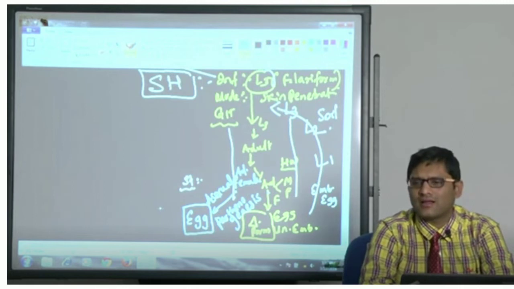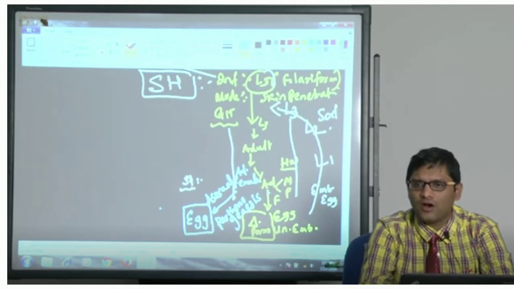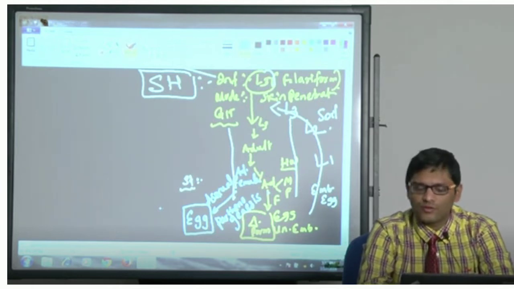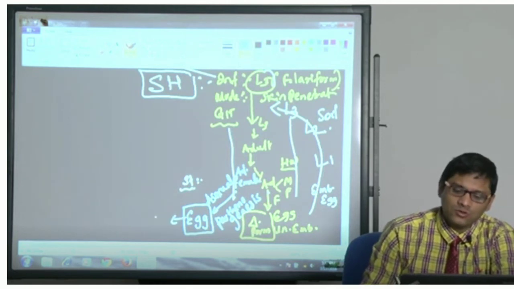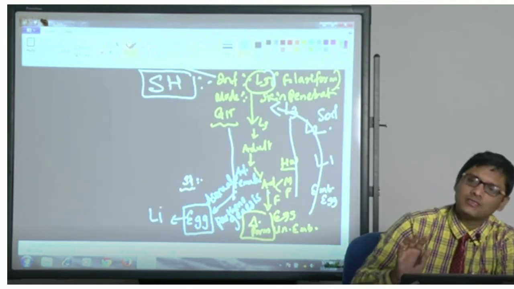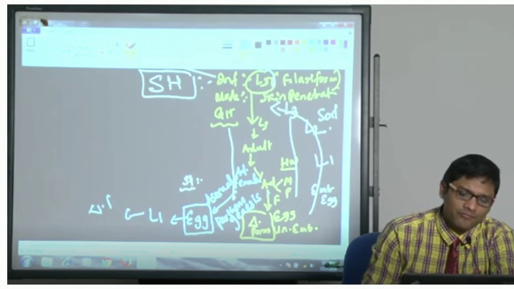That means, are eggs the diagnostic form or not? No. Strongyloides is an example of ovoviviparous. If it is ovoviviparous, that means eggs will soon become larvae inside the human intestine, and L1 is the diagnostic form.